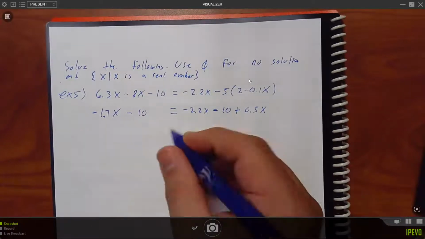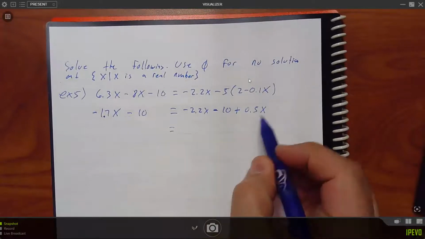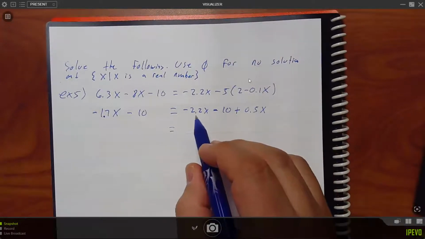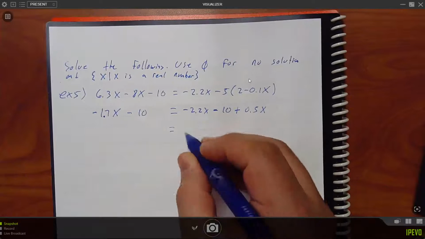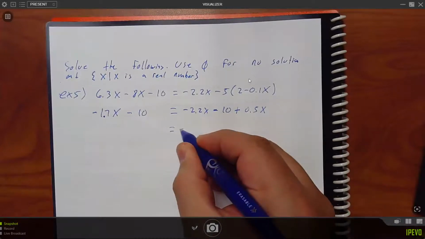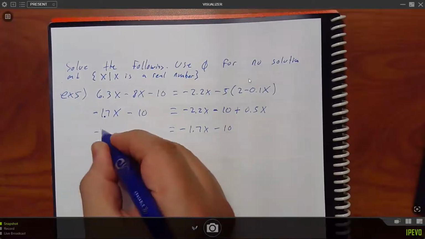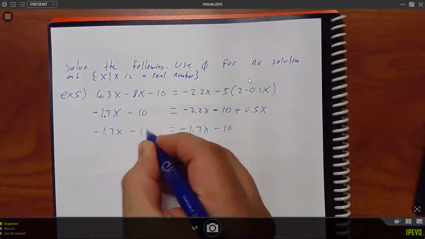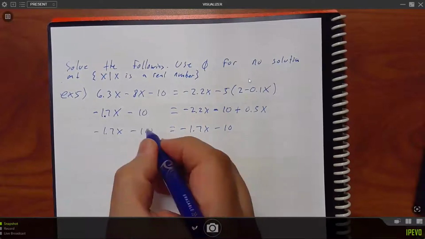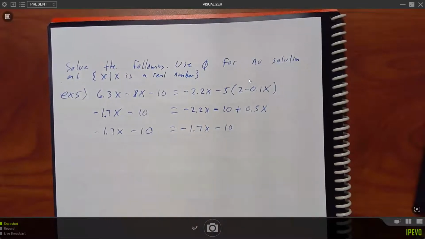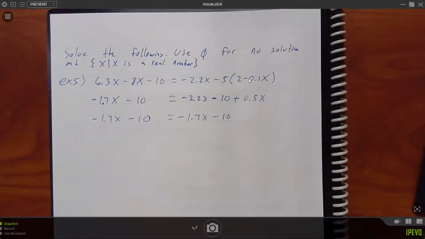All right, so 5.5 minus this, right? Okay, there we go. Now notice, what do you notice right now? It's the same. Yeah, as soon as you see that, you should stop.